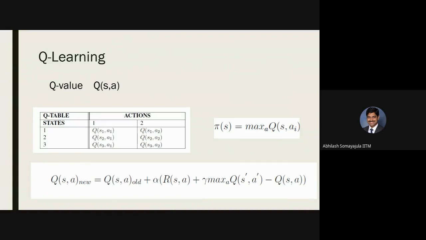If alpha is 0, it means my Q value will not change. Whatever is my old Q value, that is my new Q value. But if alpha is non-zero, it means that I weight my old Q value by a weight of 1 minus alpha, and I weight the new update with the value of alpha.